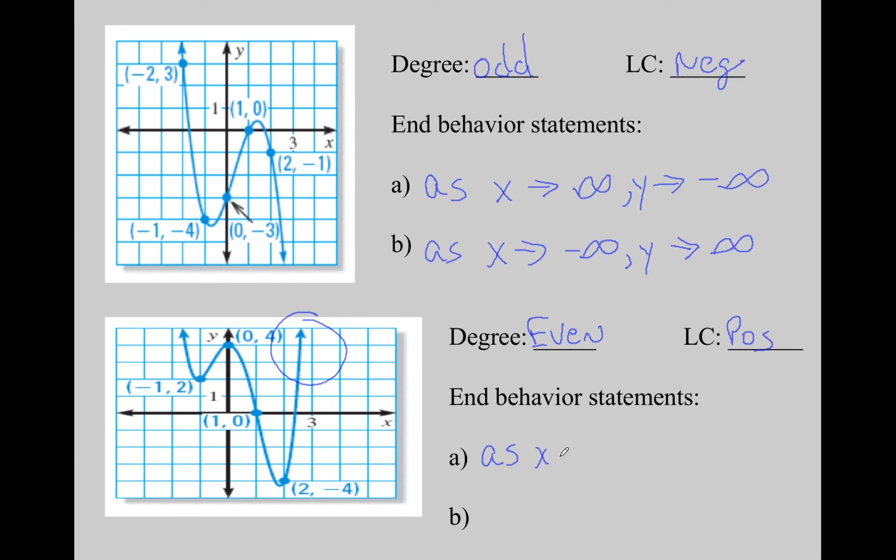As x approaches positive infinity, my arrow is going up. That means my y is approaching positive infinity. Now the left hand end behavior, as x approaches negative infinity, y arrow is still going up. Y's are getting bigger. Y approaches positive infinity.